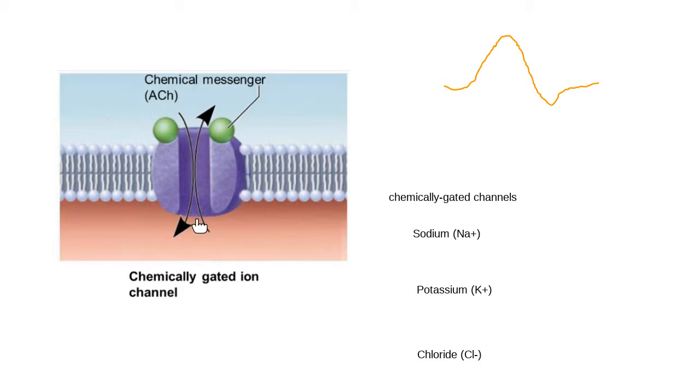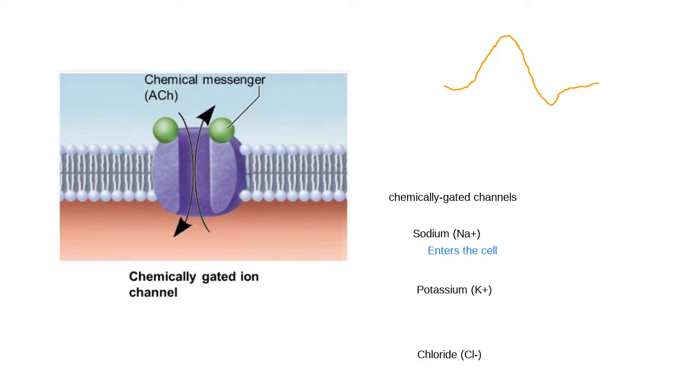But here's where that salty banana is going to be important for me. When we talk about sodium, and I open up a channel for sodium, is that going to come in or go out? What way does sodium move? Yeah, sodium's going to go in, so it enters the cell.